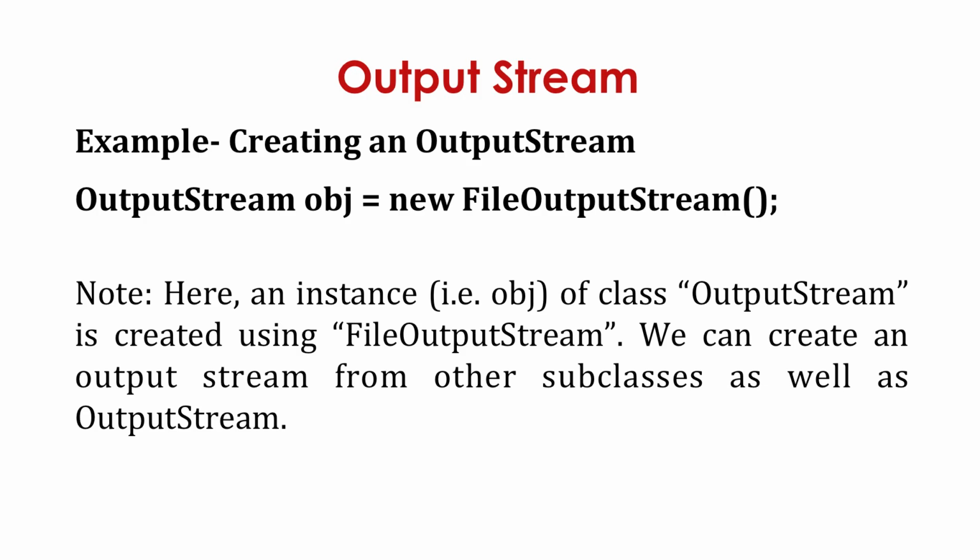The file output stream is one of the subclasses of the output stream class, which is an abstract class itself. We can create an output stream from other subclasses as well.